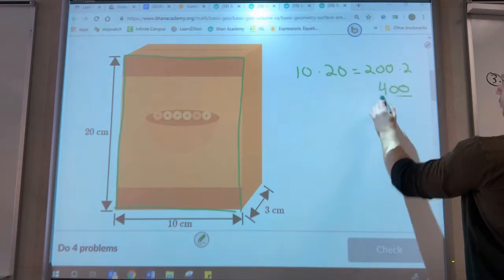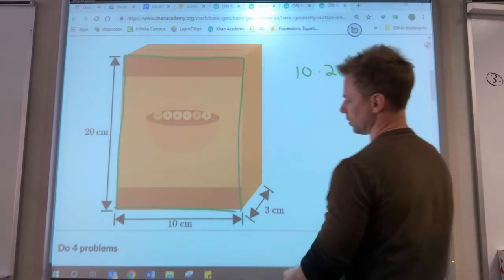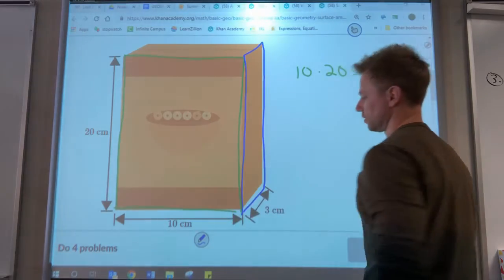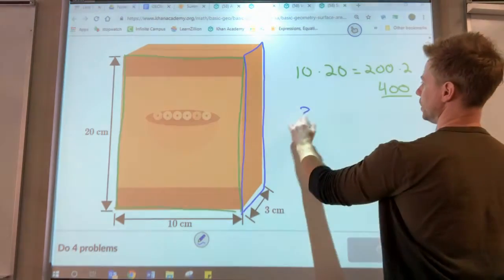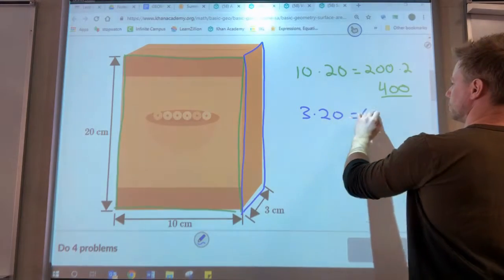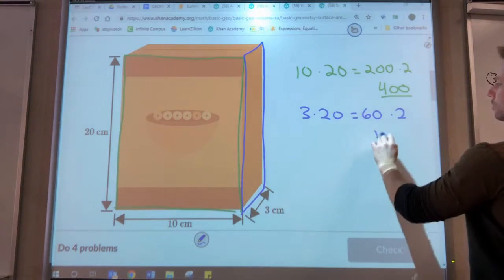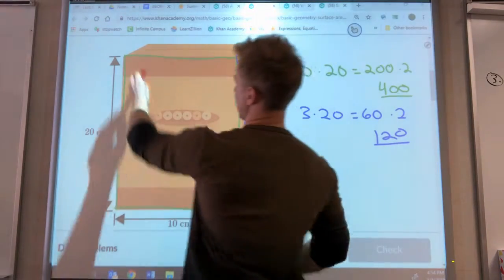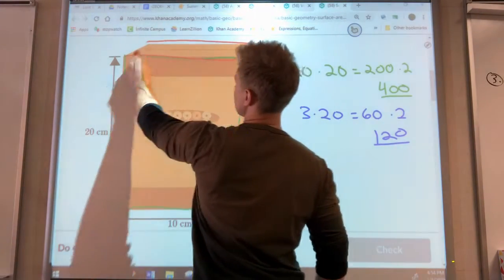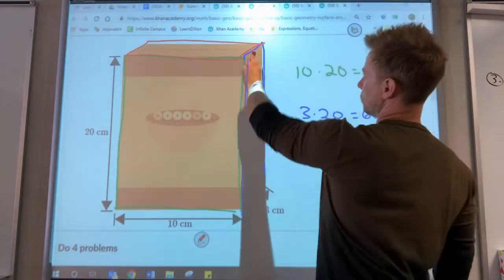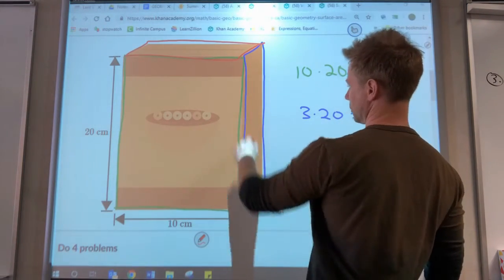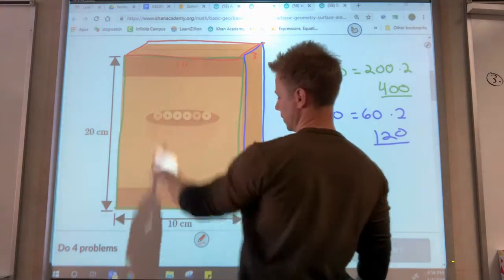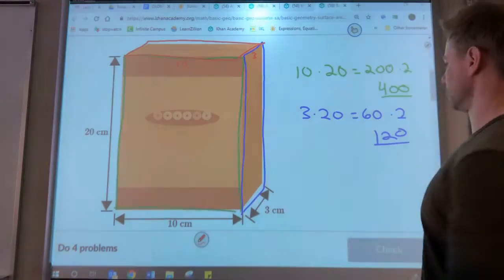That gives us 400. Then we have the left and the right, which are also the same size. That's 3 times 20, which is 60. There's 2 of those, so that's 120. And then we have the top and the bottom, which is going to be 3, because that's the same as that bottom side, and then 10, because that's the same as that bottom side.